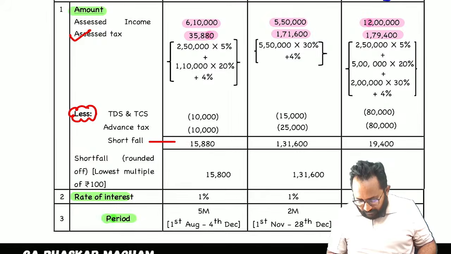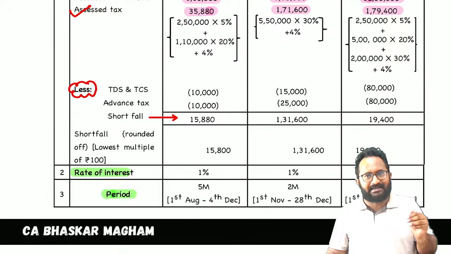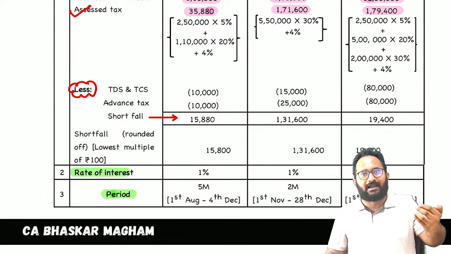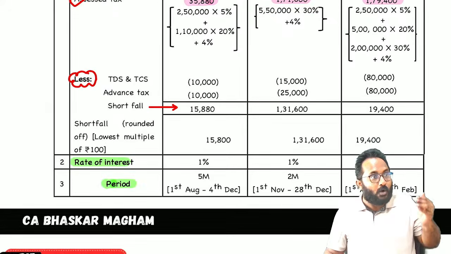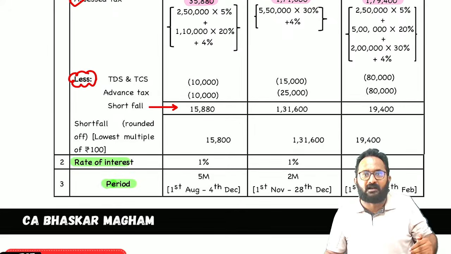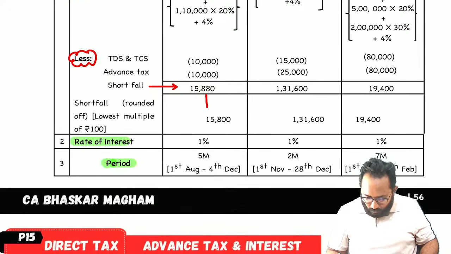Shortfall. Now I will tell you one important note point. Whenever you are going to calculate the interest, the amount on which we are calculating the interest should always be rounded off to the lowest multiple of 100, not nearest, lowest. Can you tell me what is the lowest? 800. What is the correct figure? Only this one.